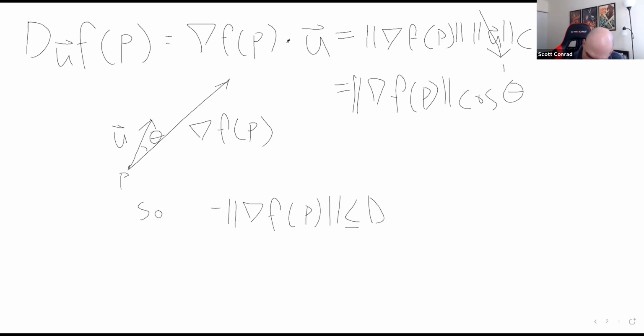So we know that the directional derivative, if we're considering all directions u that we can take the derivative in, the least the directional derivative at a point can be is negative the magnitude of the gradient.